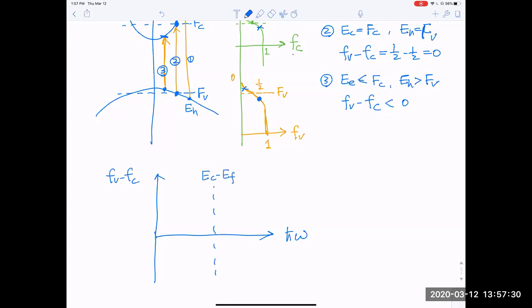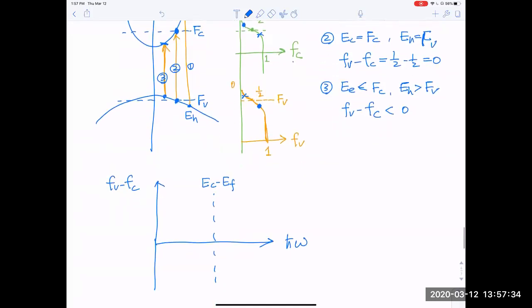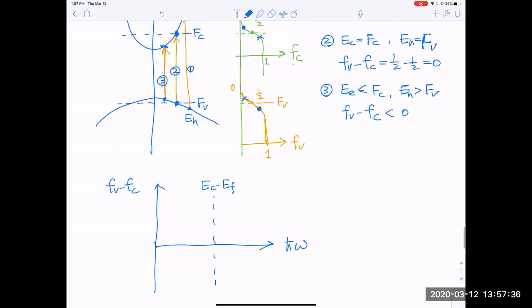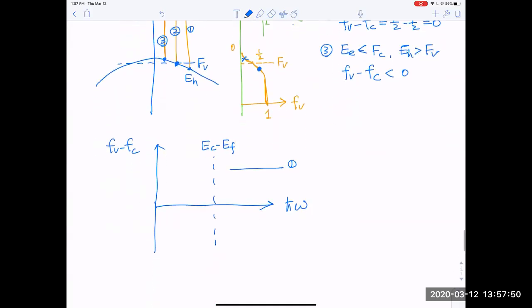When the photon energy is greater, the Fermi factor is 1. So case 1, that is here. Case 2 is 0. Case 3, when it's far below, is -1. And they're connected smoothly here.